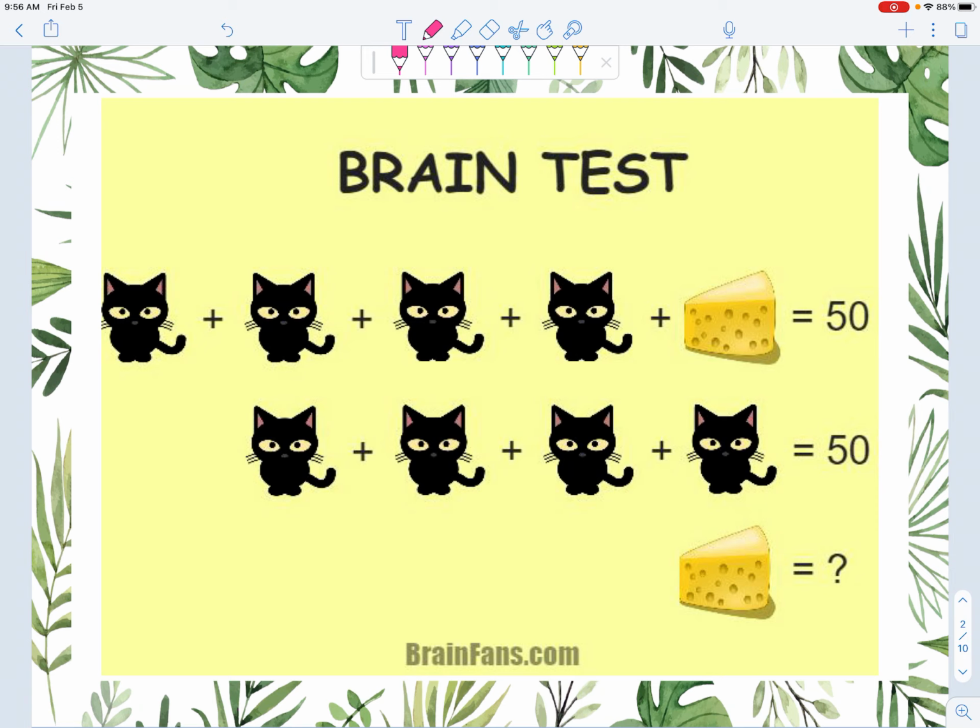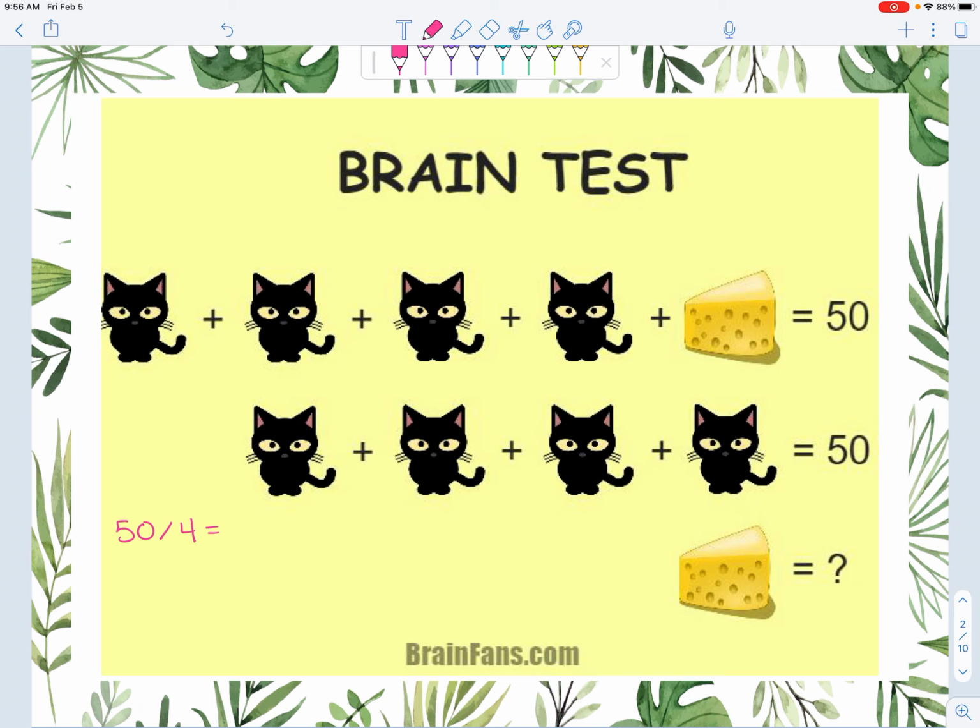This is kind of like 4 times the value of 1 cat, because this is my variable. When we repeat addition, that's the same thing as multiplication. So if I do a cat added to itself 4 times, that's the same thing as 4 times 1 cat, which equals 50. So I can use an inverse operation. Inverse of multiplying is to divide, and I'm going to divide by how many cats I have.